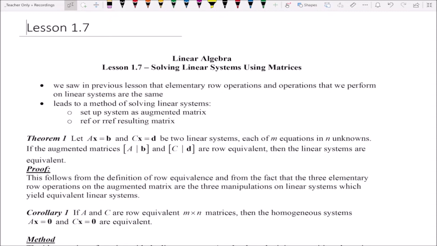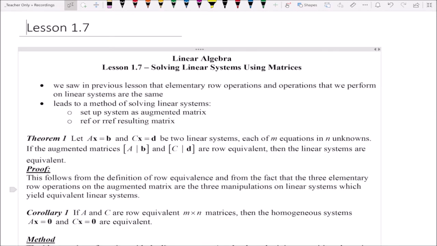Right, so our theorem: let AX equal B and CX equal D be two linear systems, each of M equations in N unknowns. If the augmented matrices A augmented with B and C augmented with D are row equivalent, then the linear systems are equivalent.